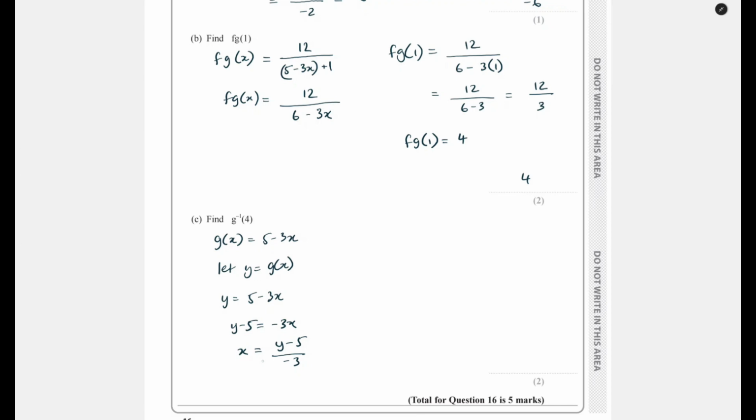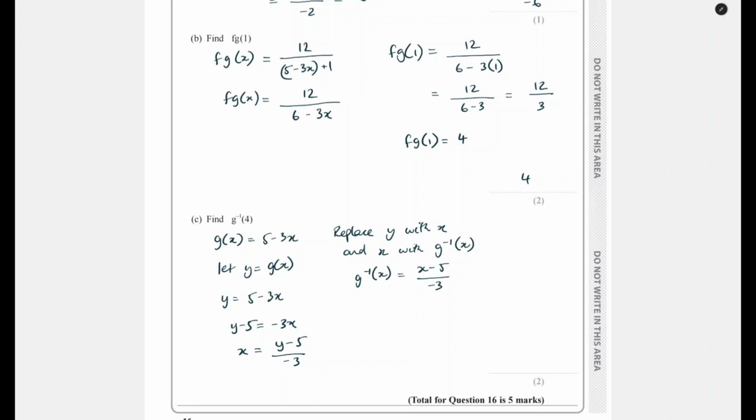We then replace y with x and x with, in our case, the inverse function of g. So if I rewrite this out, my inverse function of g of x is equal to (x minus 5) over minus 3.